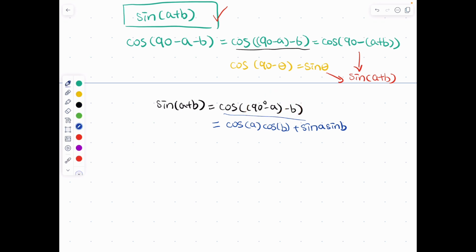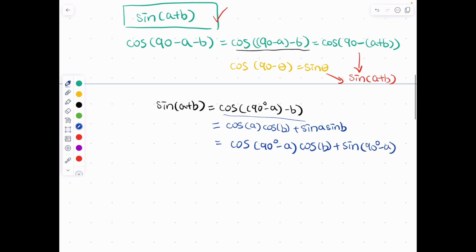So that is equal to cosine of 90 degrees minus A times cosine of B plus sine of 90 degrees minus A times sine of B. We also have this up here, right?